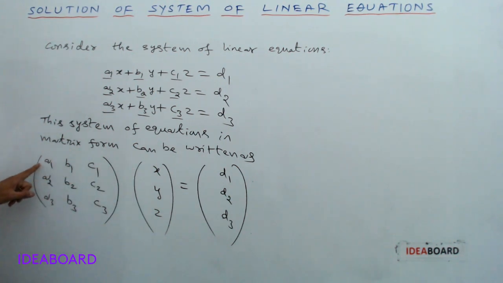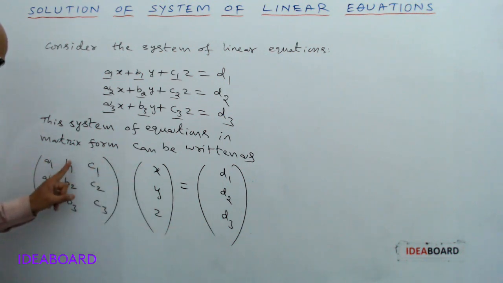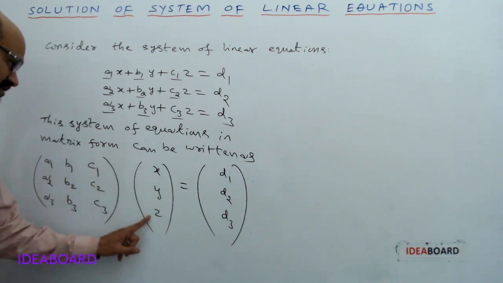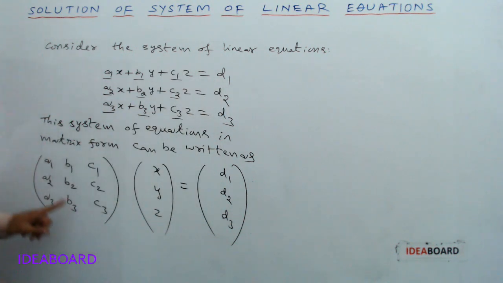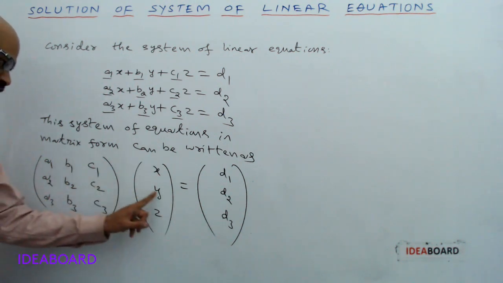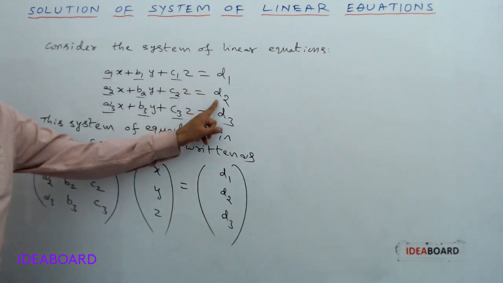Now, if you multiply first row into first column, we have a1x plus b1y plus c1z equal to d1. Similarly, second row into first column, a2x plus b2y plus c2z equal to d2. Second equation.